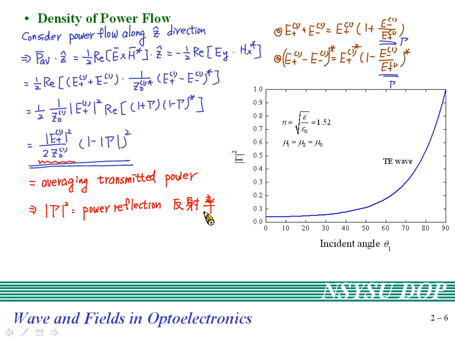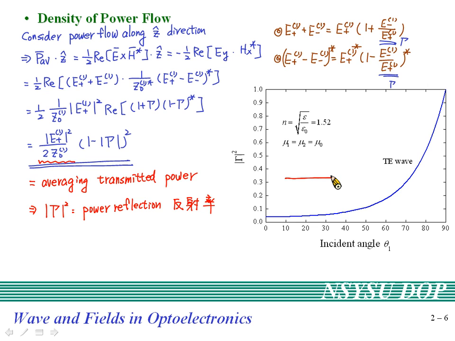And the figure shown on the right hand side is an example for the TE plane wave incident to the interface formed by two materials with the index of 1 and 1.52. That is, we have a plane dielectric interface here.